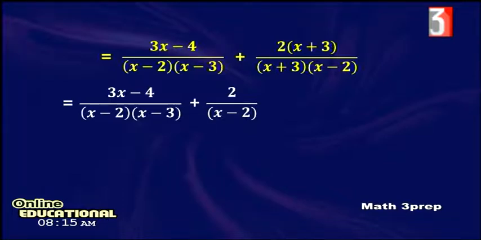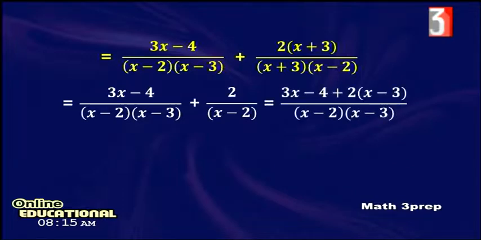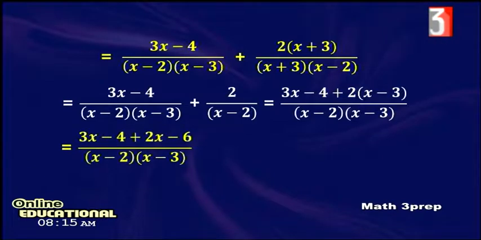So the result will be 2 brackets (x minus 3). So it is (3x minus 4) plus 2 brackets (x minus 3) over (x minus 2)(x minus 3), to obtain a result as (3x minus 4 plus 2x minus 6) over (x minus 2)(x minus 3).